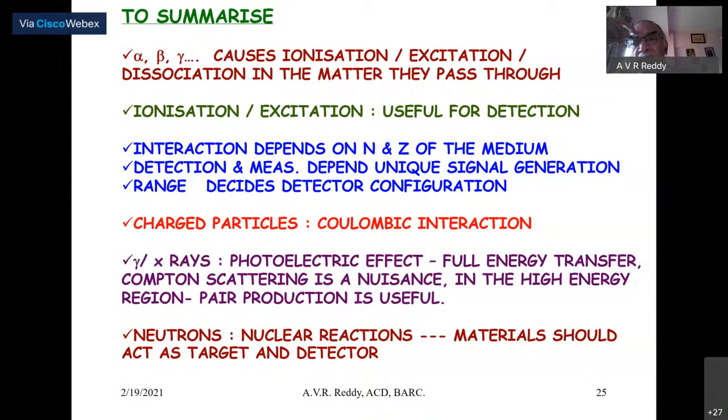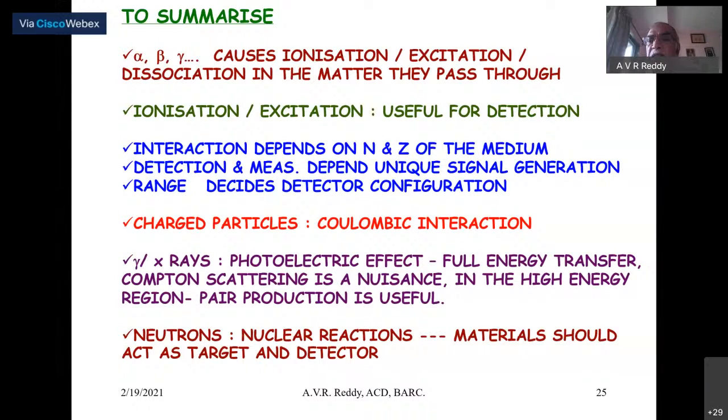And so in this two-step process, obviously, in most of the cases, efficiency will be a bit low. And the interaction is probabilistic, so it depends on exponential nature.